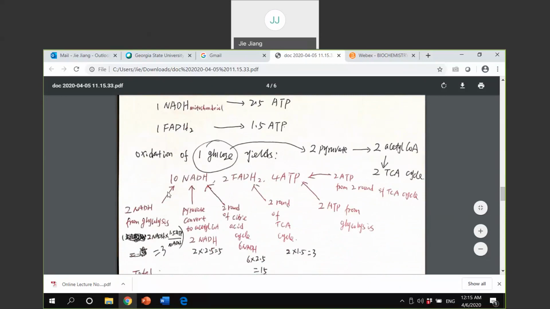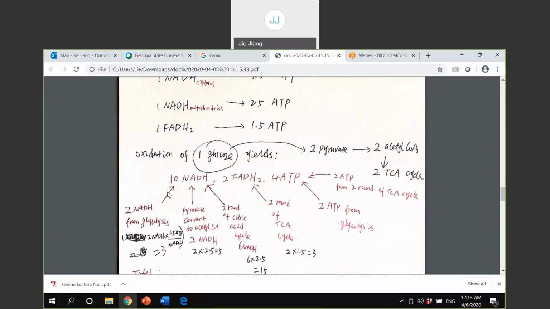If you go back and check the process for glycolysis, there should be totally 2 NADH generated from glycolysis. You go back, check the 10 steps, which I won't show here, but there are 2 NADH generated.